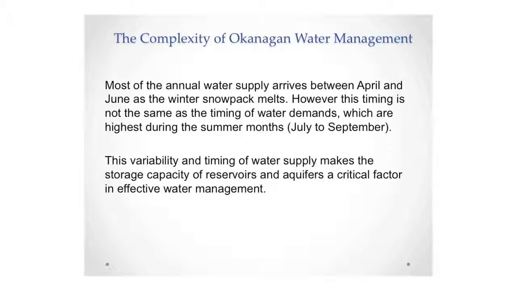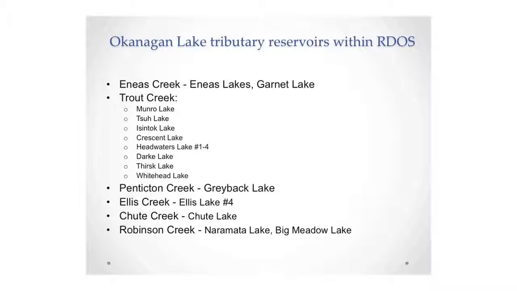But we also have many small reservoirs on the upland here. Basically every major creek feeding into Okanagan Lake in the RDOS has some sort of storage or containment structure on it. This is a list of all of those that occur.